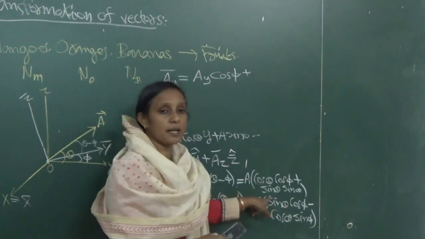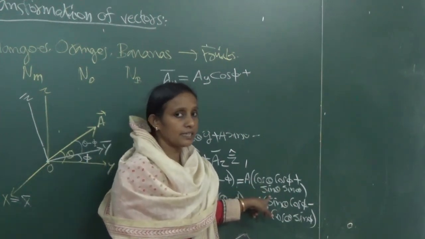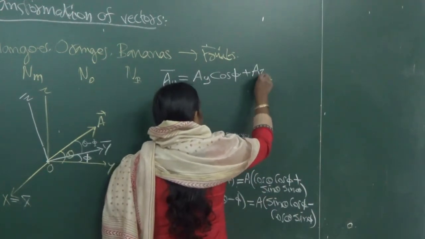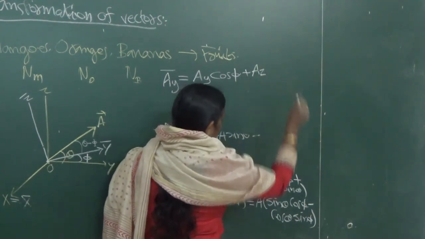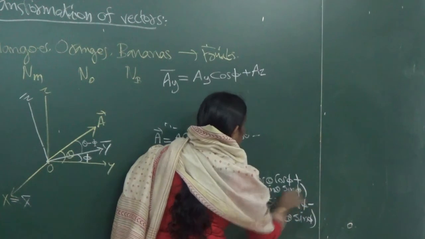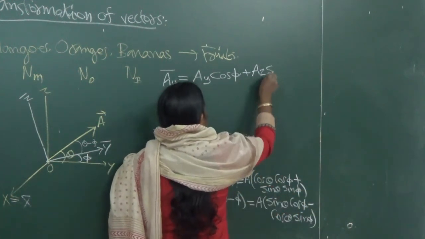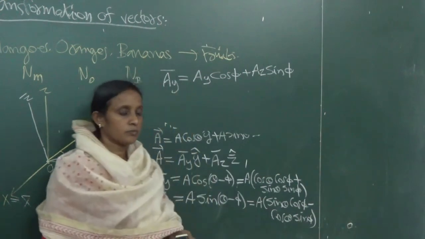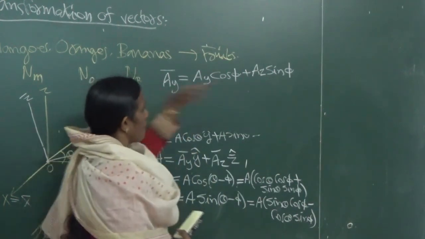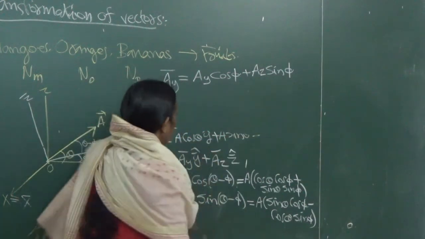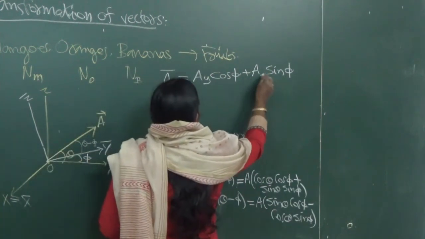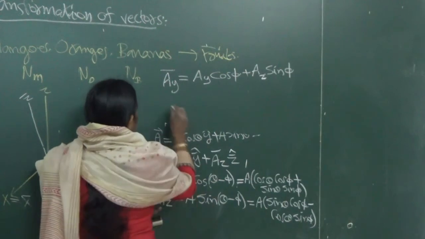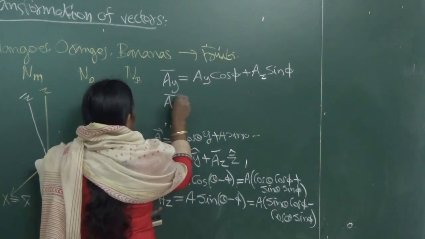A sin theta represents az. So this term is az sin phi. Now coming to the second part, az bar.